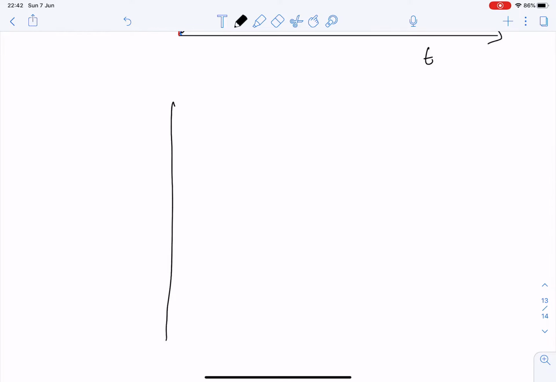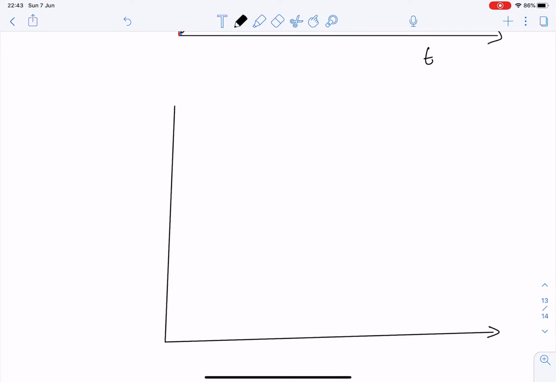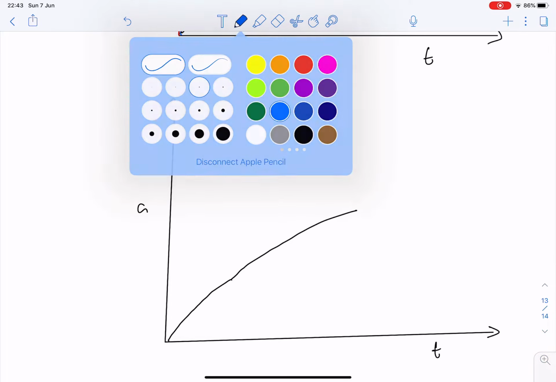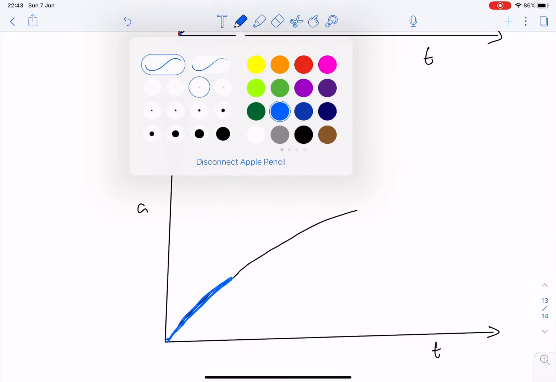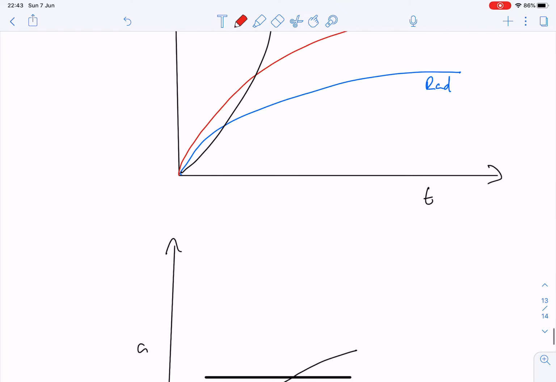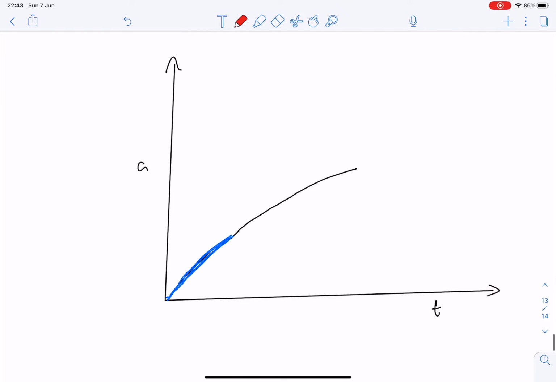If I do that, then I have a period of radiation dominance, followed by a period of matter dominance, followed by an exponential expansion.